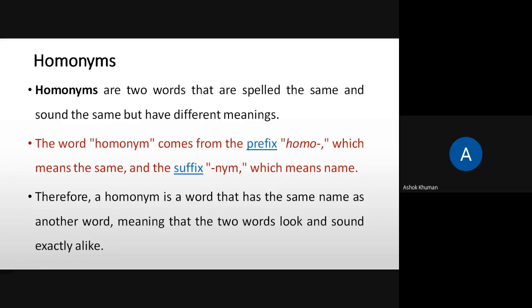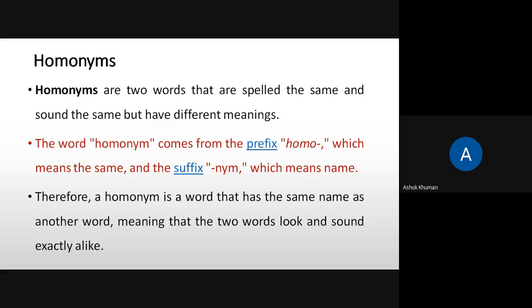Those words which are similar in sound, we call homophones. And those words which are similar in spelling, we call homographs. Graph is related to writing, and phone is related to sound. Both homophones and homographs are homonyms.